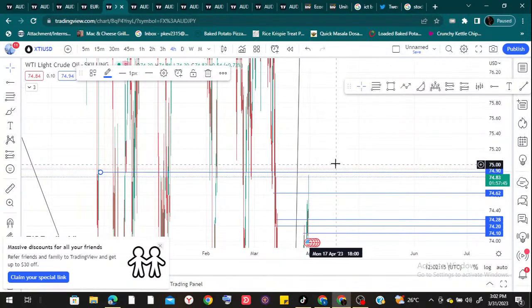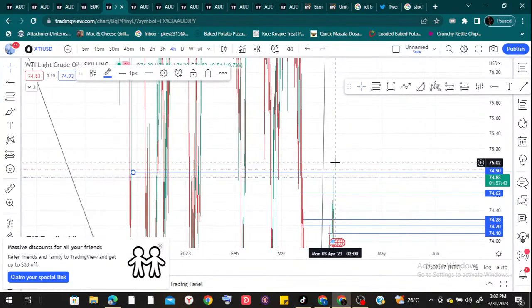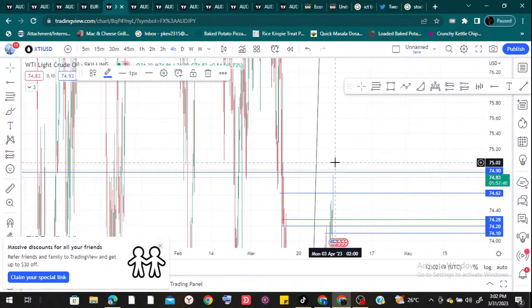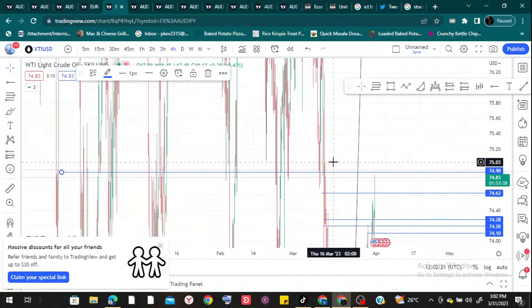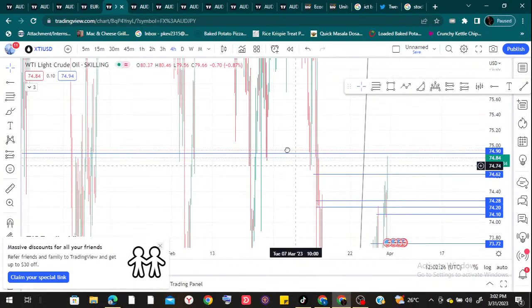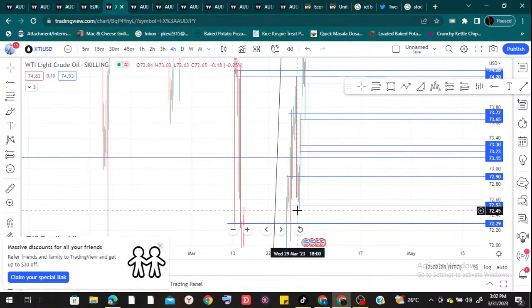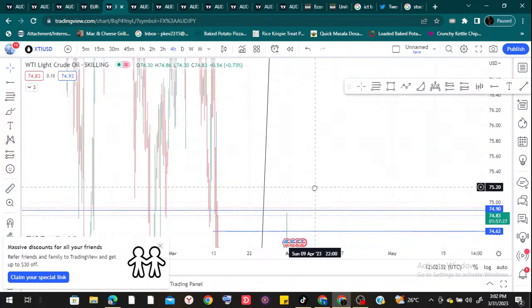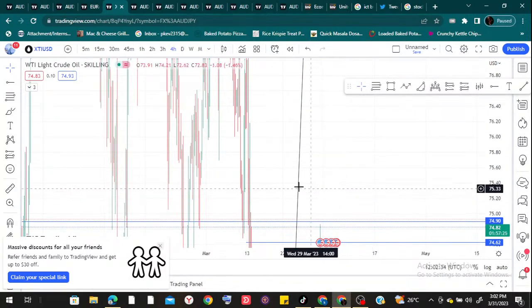For me, my analysis was that it's a strong buy maybe, and I actually predicted buys from this point to this. So I actually have some live trades on it too.